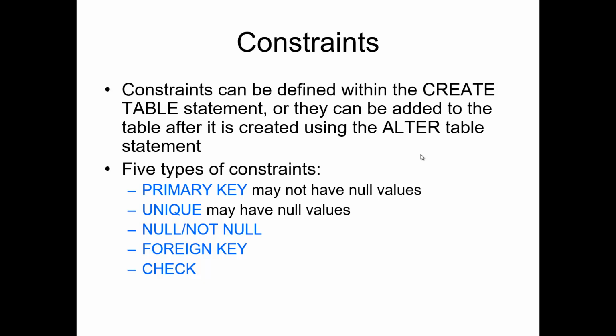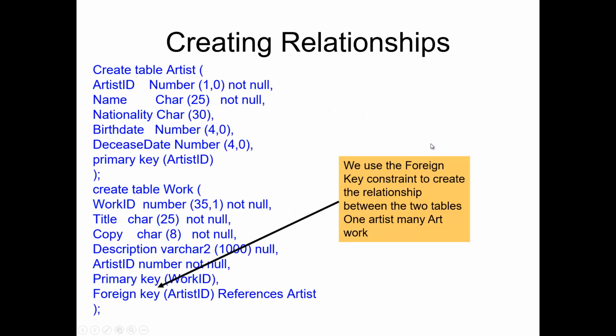We have the primary key, which may not have null values. We have the unique, which may have null values. And we have the null, not null constraints, and we have the foreign key, and we have the check constraints. And again, I'm going to give you an example on each one.